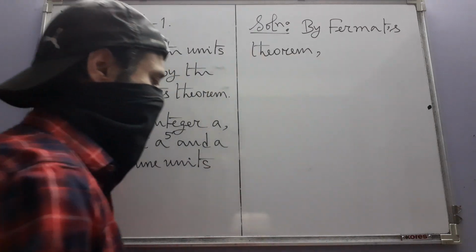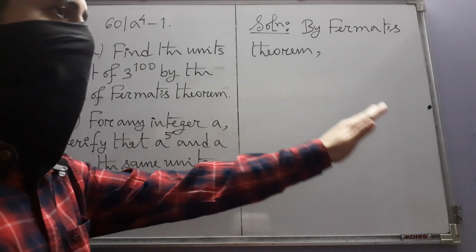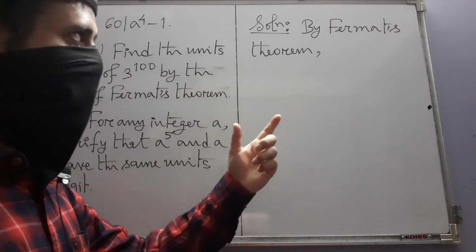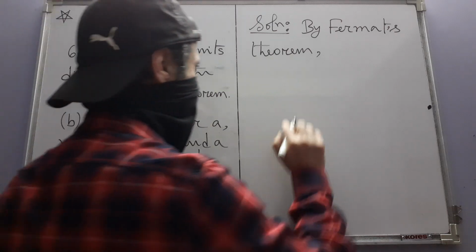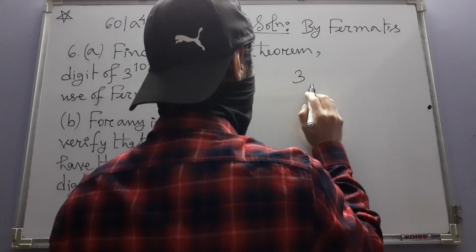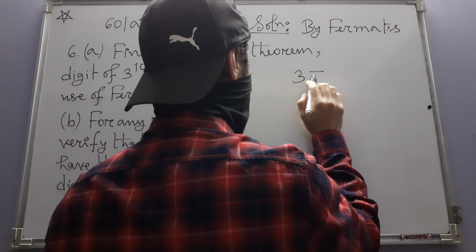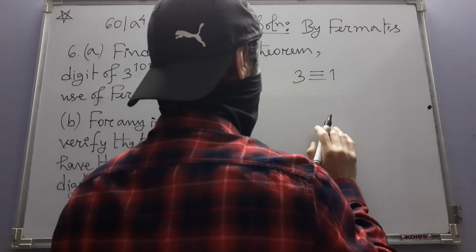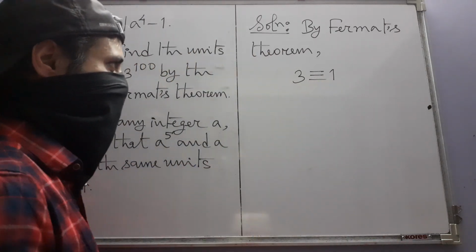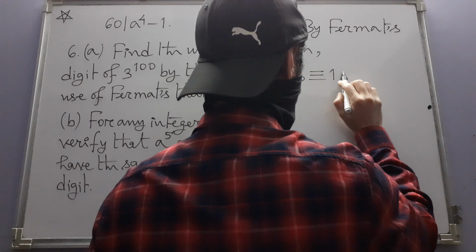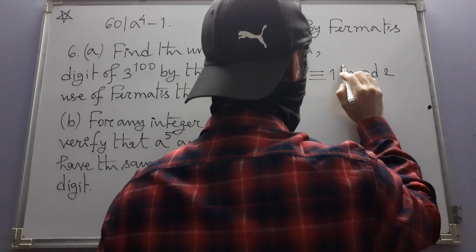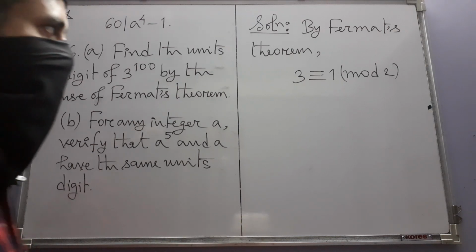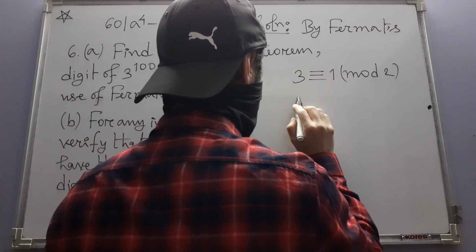If you want, you can write, since GCD of 3 and 2 is equal to 1 and GCD of 3 and 5 is equal to 1, that is why by Fermat's theorem we have these things. Well, taking the help of Fermat's theorem to write this congruence looks a bit foolish, because it is something that is already known. You do not need any theorem for this, but still, for the sake of consistency, we have written it like that.